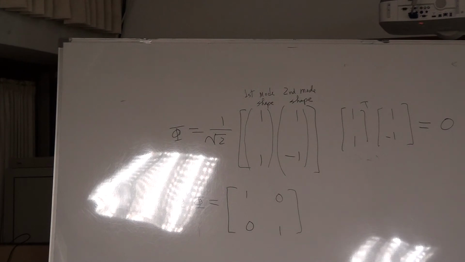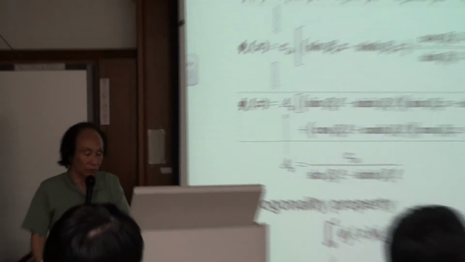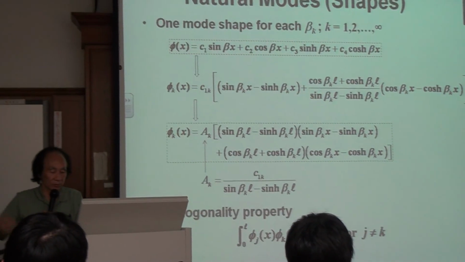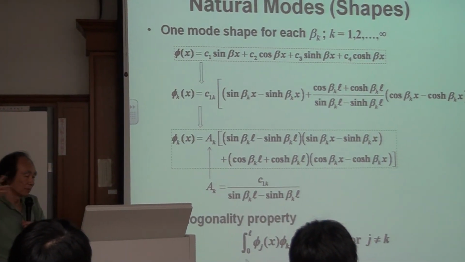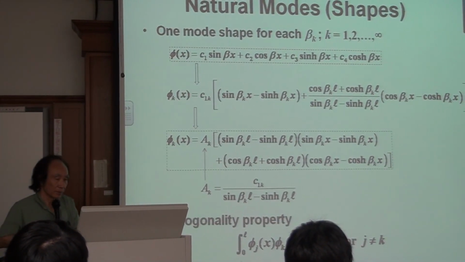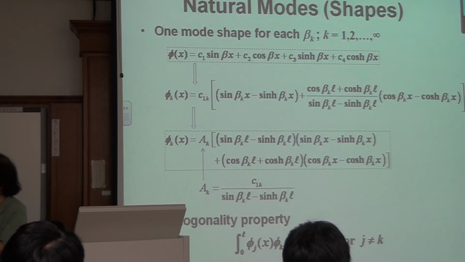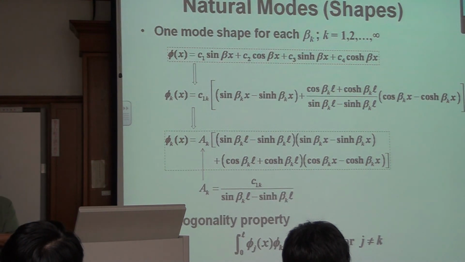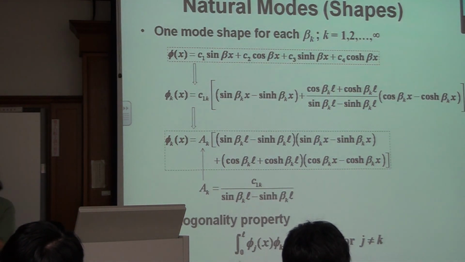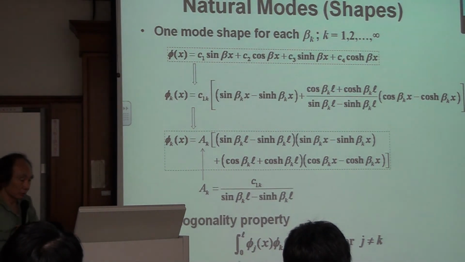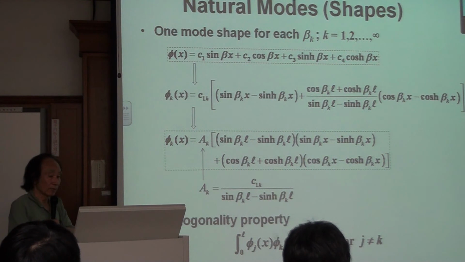The first mode and second mode, they are orthogonal. The first mode and third mode, they are orthogonal. The second mode and third mode, they are orthogonal, and so on. It's an orthogonality property of the natural mode shapes, and this is exactly the same as in the matrix sense. So I showed you the modal coordinate transformation. If you remember that, the capital phi there, they are orthogonal. So that's what orthogonal means.